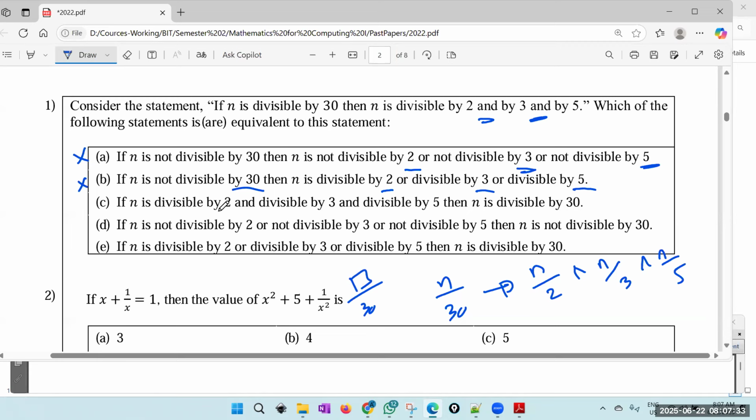If n is divisible by 2 and divisible by 3 and divisible by 5, then n is divisible by 30. Can you say that? So that means the other way. Whenever x implies y, can we say y implies x? But maybe this is a special case, right? If n is divisible by 2, 3, and 5, n is divisible by 30.